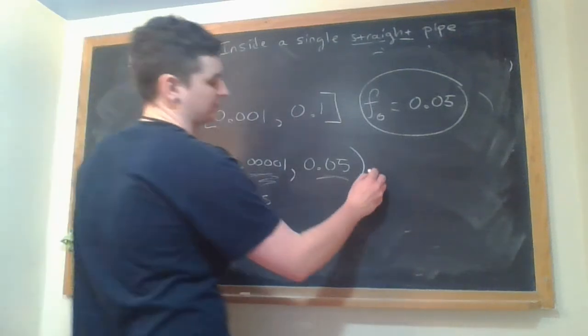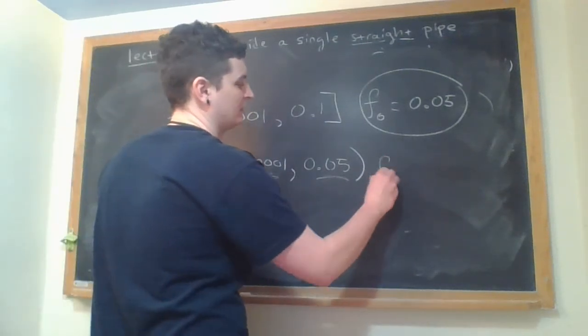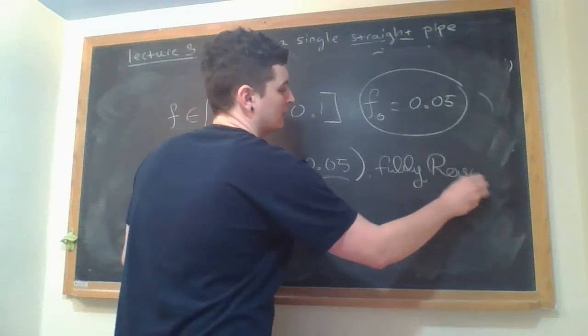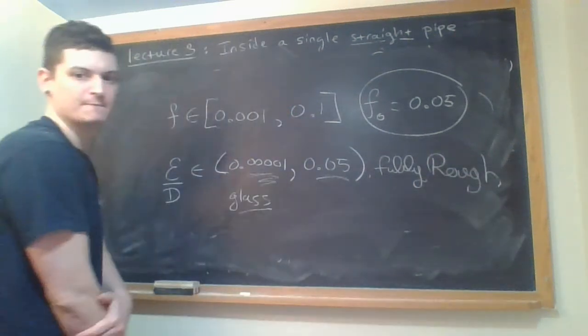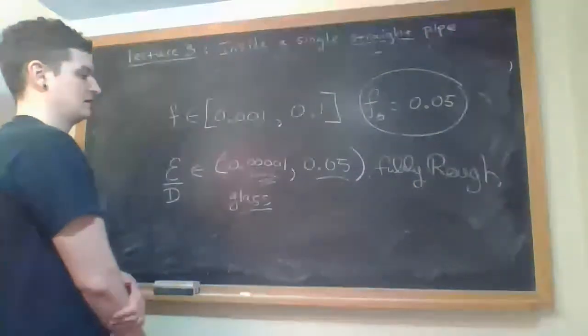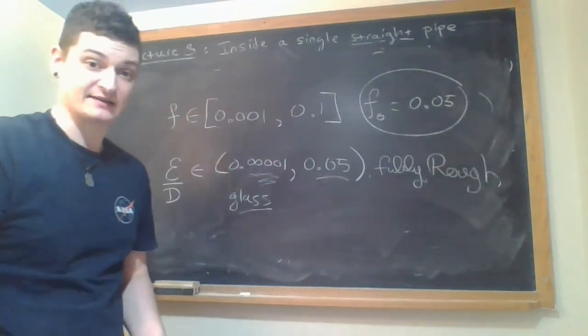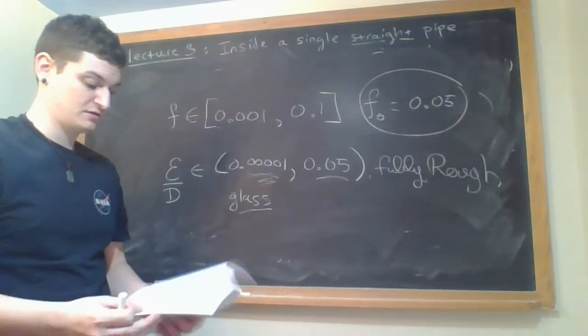And ones past this are sometimes considered fully rough. So those are examples of the types of quantities you should guess about where these things are.